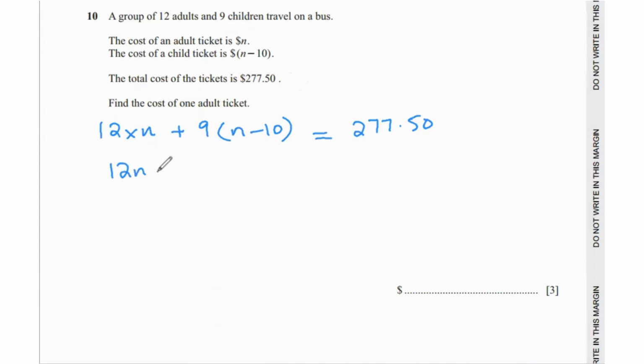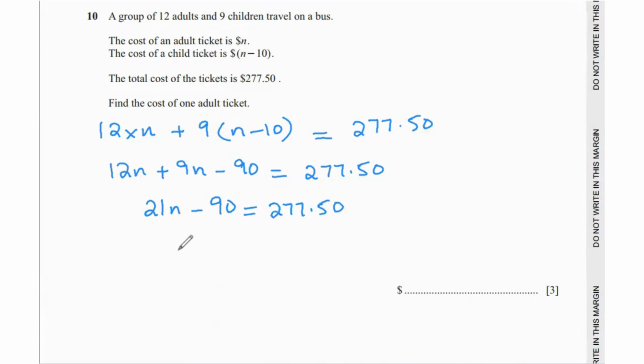So 12N plus 9N minus 90, we expand the brackets. Then we will collect the like terms. So 12N plus 9N is 21N minus 90 equals 277.5. Take the 90 to the other side, so it becomes 277.5 plus 90.